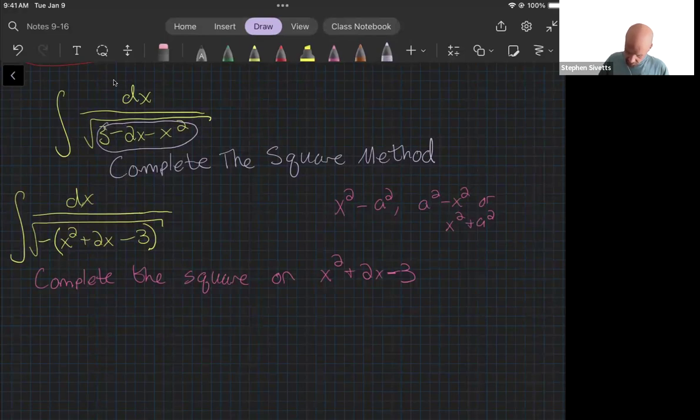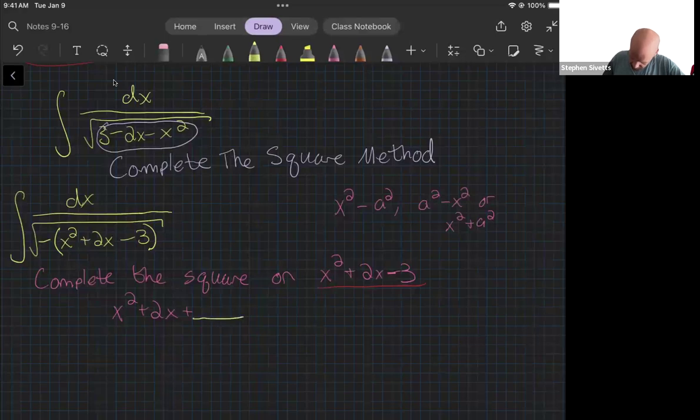To complete the square, we want to look at the first two terms of our trinomial here. So we have x squared plus 2x plus, I'm going to do a blank here, then minus 3, and then we need to minus that same number again.